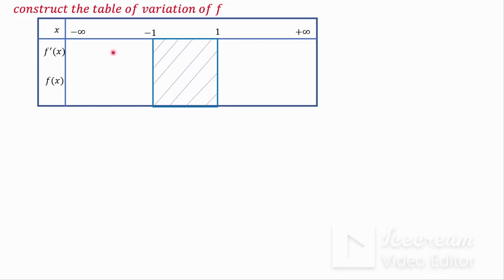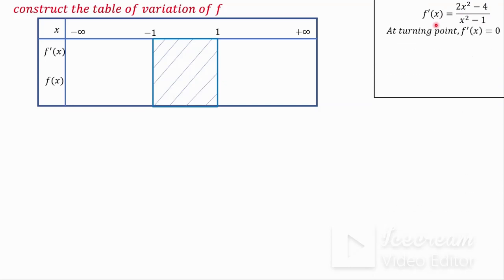Before we proceed, we also have to consider a very important aspect, which is to check whether there is a turning point or not. To do that, we consider f prime of x, which we obtained as 2x squared minus 4, divided by x squared minus 1. At a turning point, f prime of x equals 0.